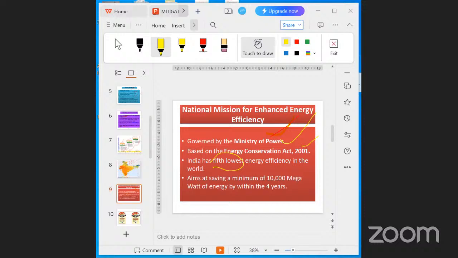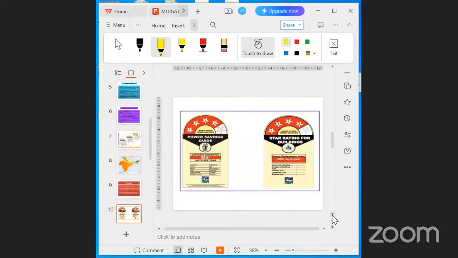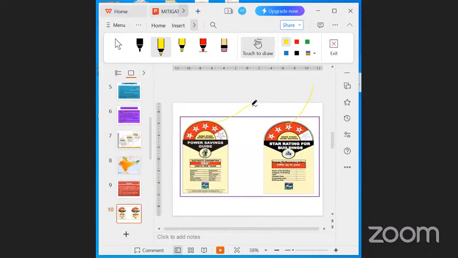This mission aims at promoting and improving efficiency within the country in different platforms of energy use. And it aims at saving a minimum of how much? 10,000 megawatt of energy within 4 years, right? So it's a part of this mission. We were discussing the 3-star, 4-star. It means all of you know this 3-star, 4-star, 5-star, right?